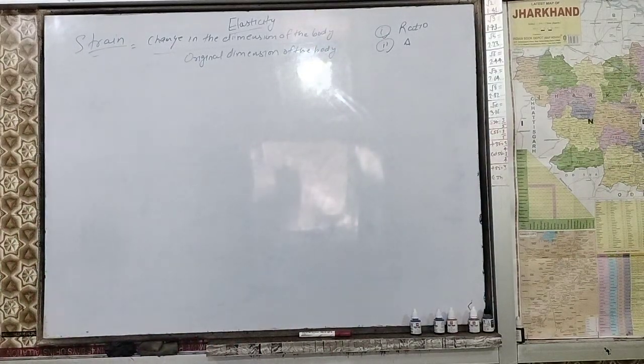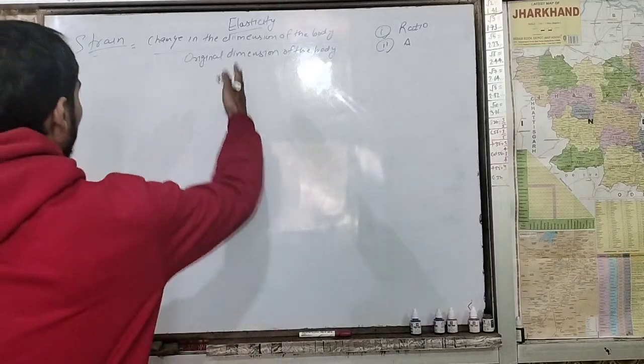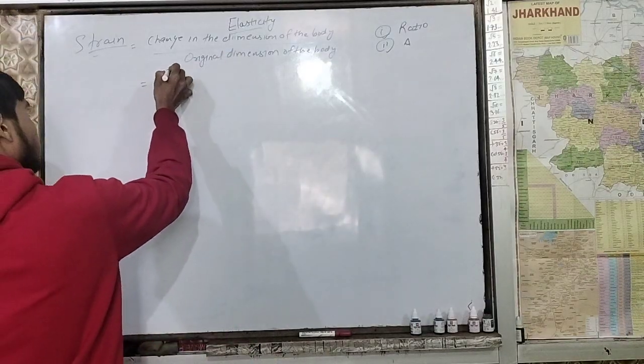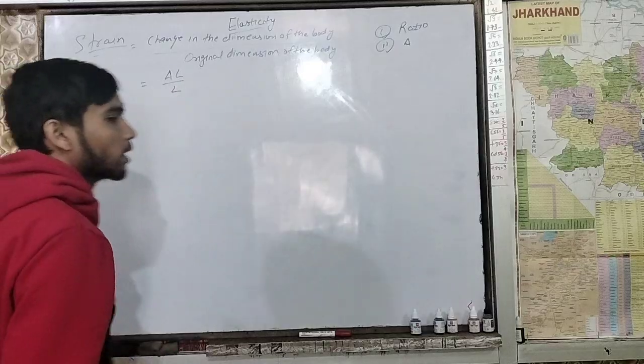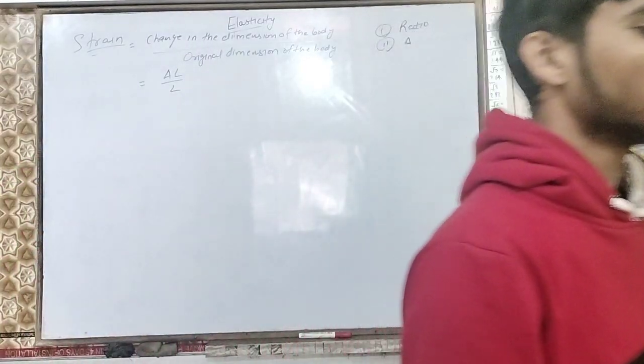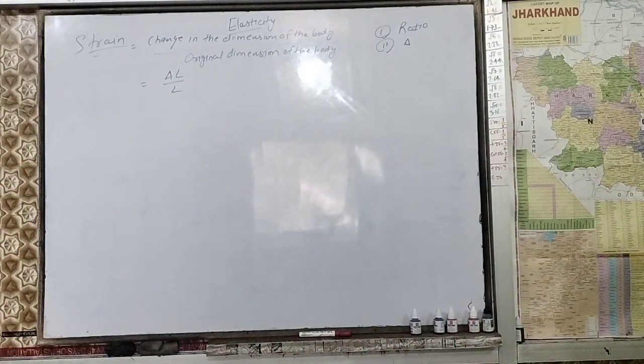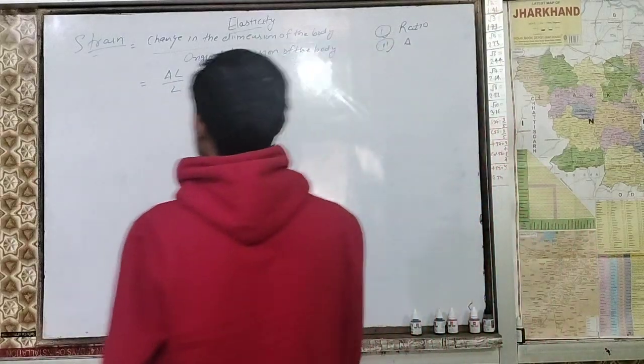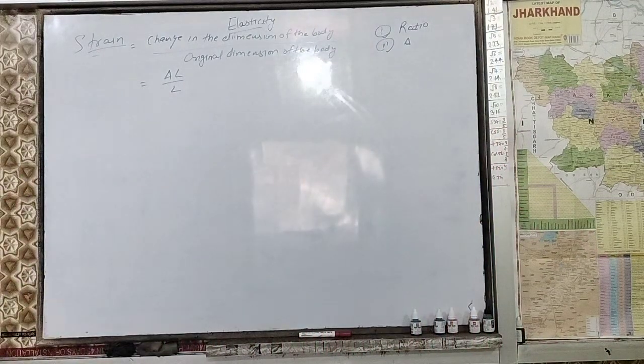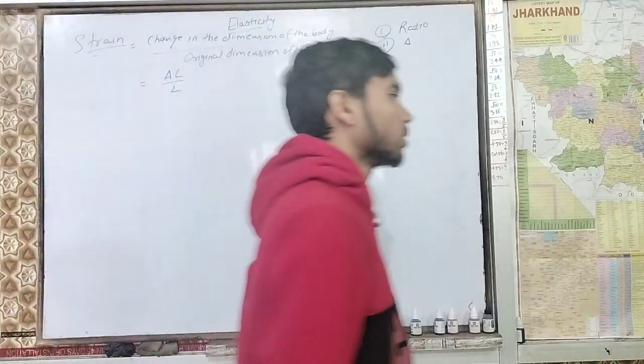Delta L will come firstly, then upon L. So finally you can convert this into del L upon L, where del L is the change in length and L is the original length. When it comes to the SI unit for strain, remember it does not have any kind of units.